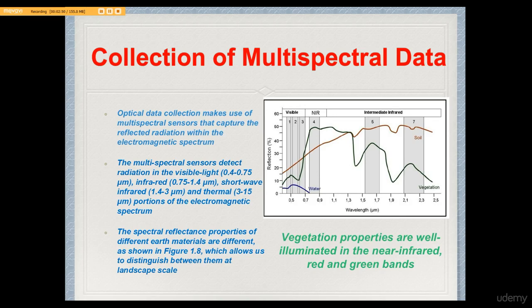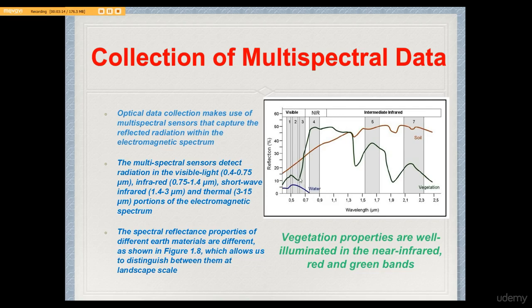And essentially this is what the optical sensor will capture, and that is how we distinguish between the different components on Earth. So the vegetation properties, as you can see over here, are very well illuminated in the near infrared, red and green bands. The visible spectrum comprises RGB, red and green bands, followed by near infrared.